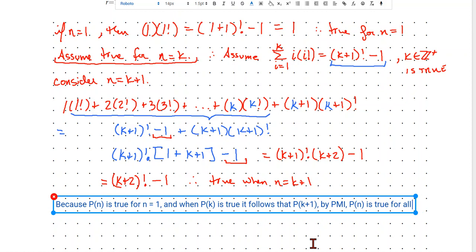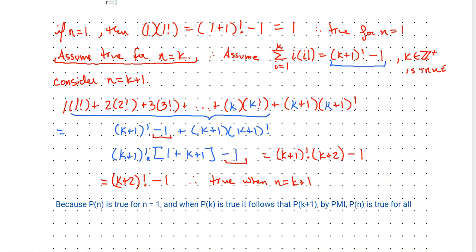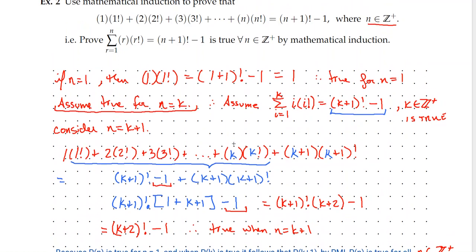Let's write it like this because it's going to be harder for me to write: for all n in our set of positive integers. And that's our conclusion.